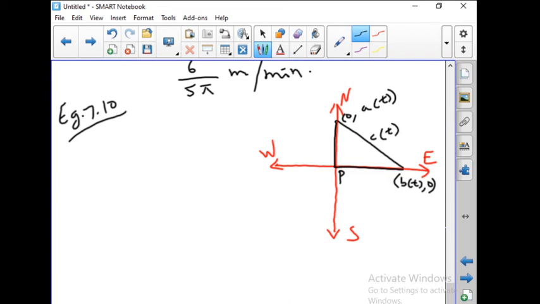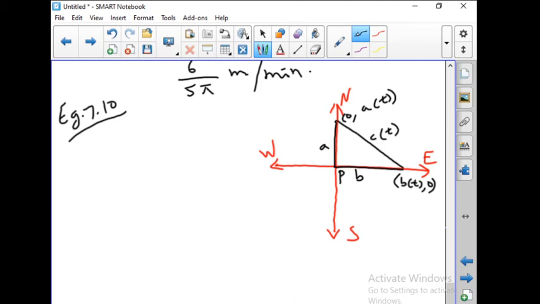So this is A, this is B and this is C. So what is given? At a particular time car A is 10 kilometers to the north of P and travelling at 80 kilometers per hour, while car B is 15 kilometers to the east of P and travelling at 100 kilometers per hour. How fast is the distance between the two cars changing?